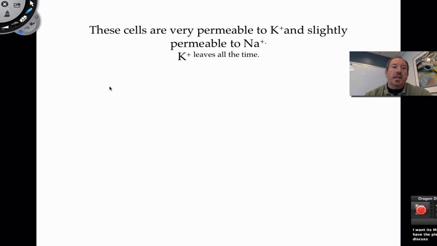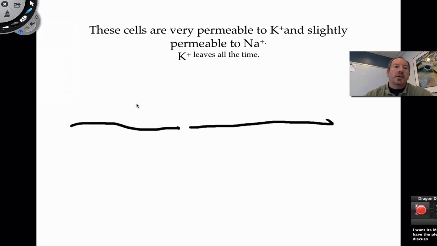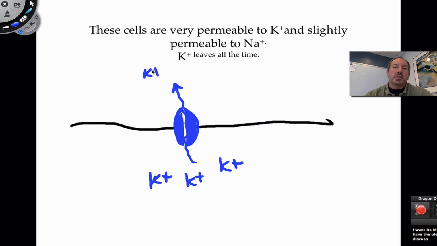And so, again, the reason is, in terms of the membrane like this, if there is a potassium channel and it's passive, meaning that it's always open, potassium, since it's high on the inside of the cell, has a tendency to leak out because it goes from an area of high concentration to an area of low concentration.